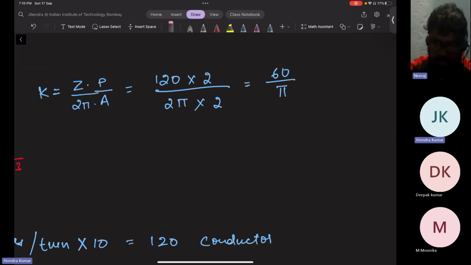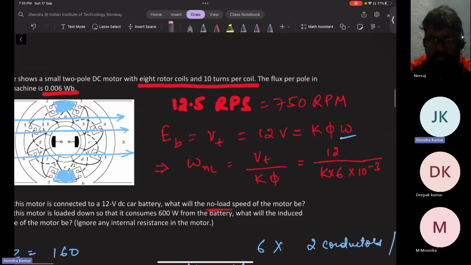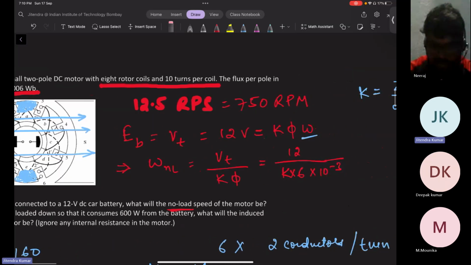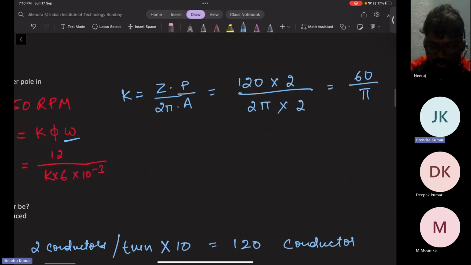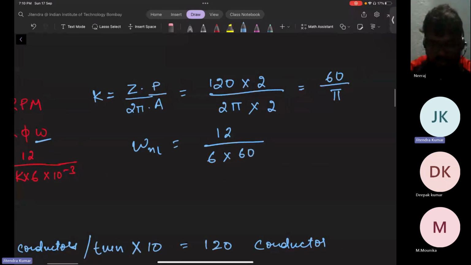Okay, now we have to find the omega no load. Omega no load is equal to 12 divided by 6 into K, where K is 60 by pi, into 1000.